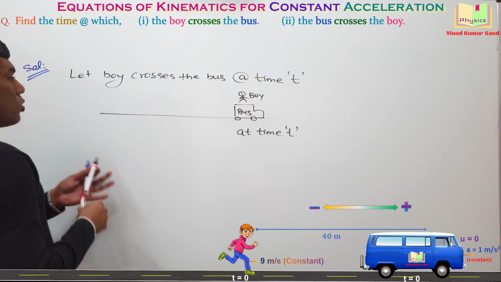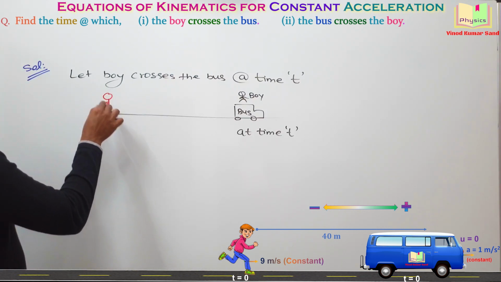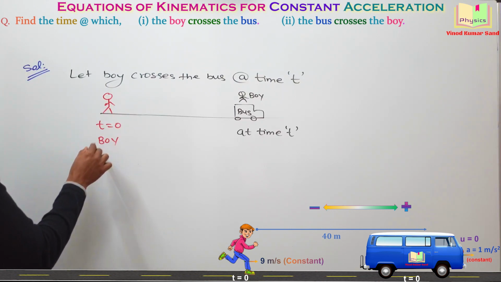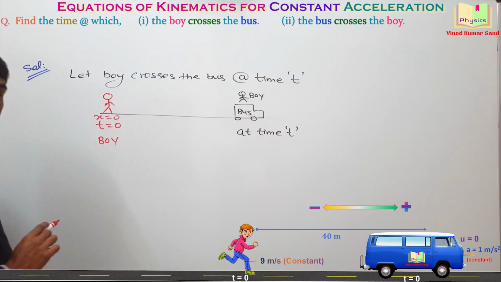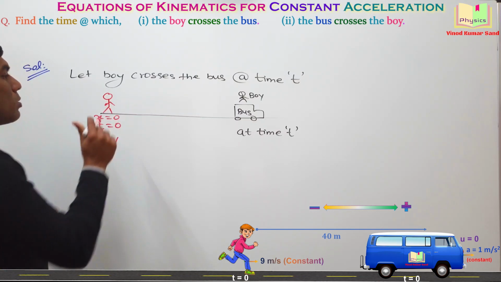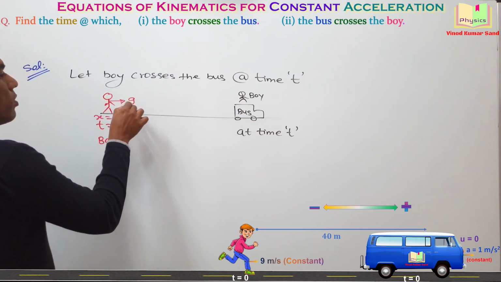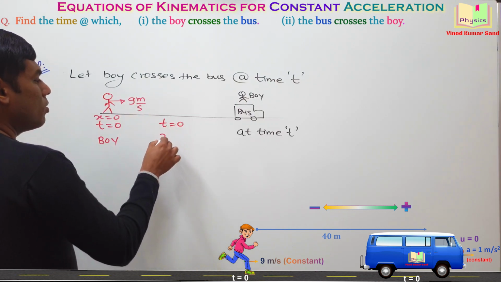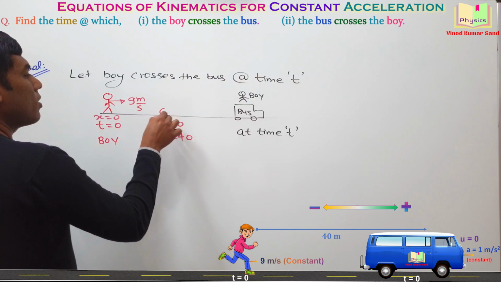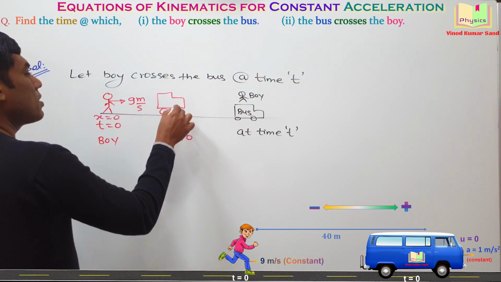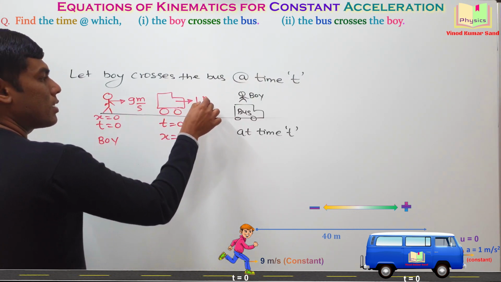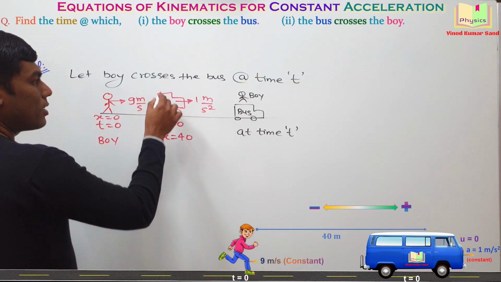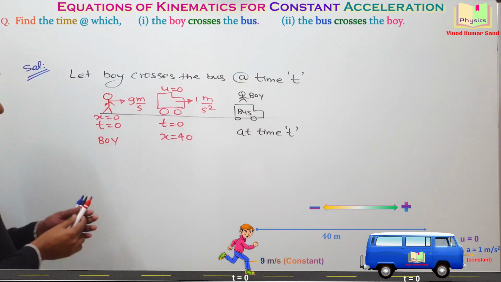So initially, at t is equal to 0, the boy was at x is equal to 0. The boy is always moving with a constant speed of 9 meter per second. At t is equal to 0, the bus was here and the bus starts from rest. Its acceleration is constant, 1 meter per second square. Getting it? Its u is 0.